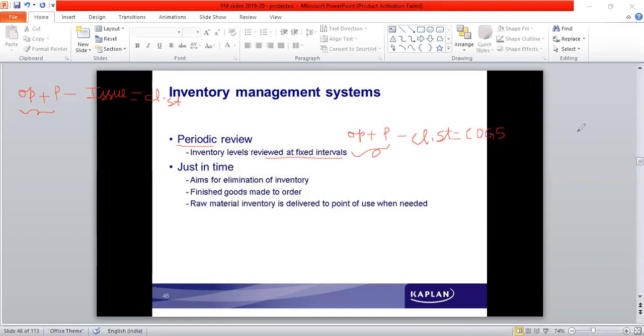All these activities are based on a forecast for the future. To make the purchases, suppliers are contacted, and this is the procedure.